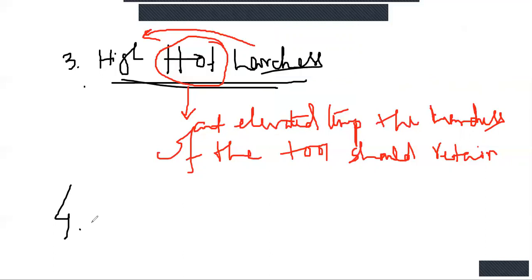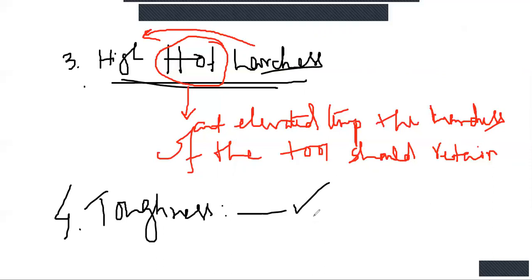Okay, next, fourth point is toughness. Now we already know what toughness is. It is the ability of a material to absorb energy before fracture.